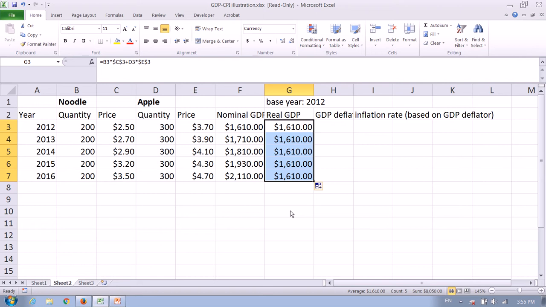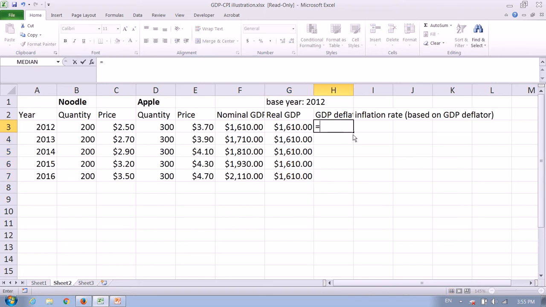Now we can calculate GDP deflator. It's nominal GDP, F3 divided by real GDP, times 100. So again, it's 100 in year 2012. That's because I choose year 2012 as the base year.